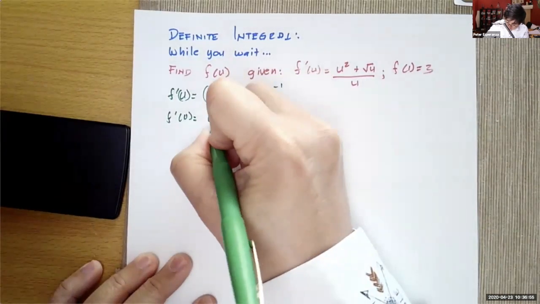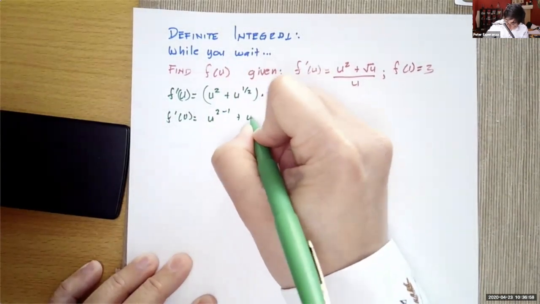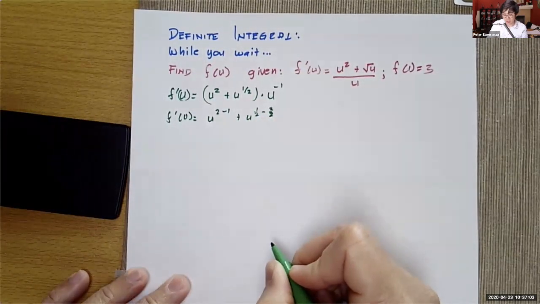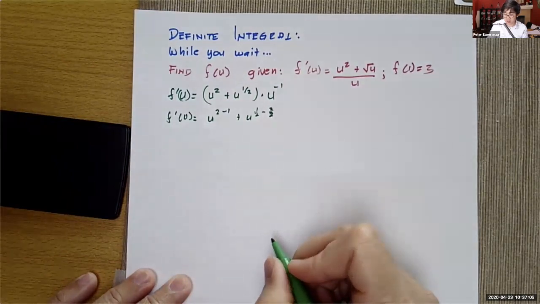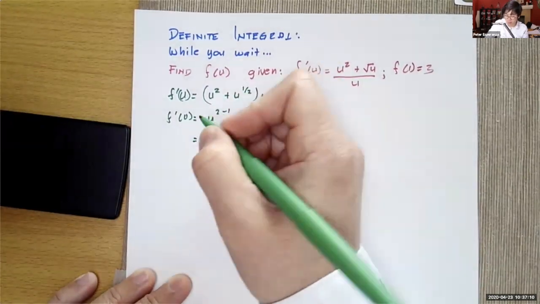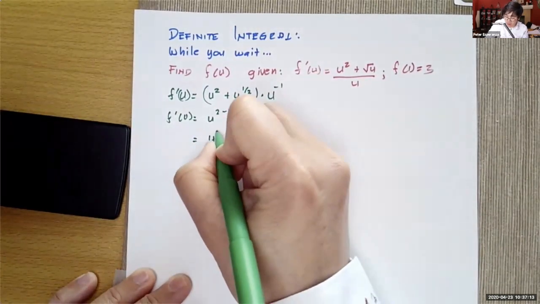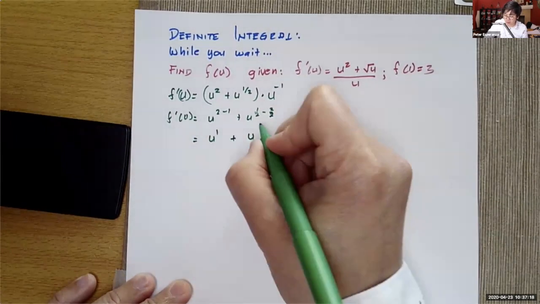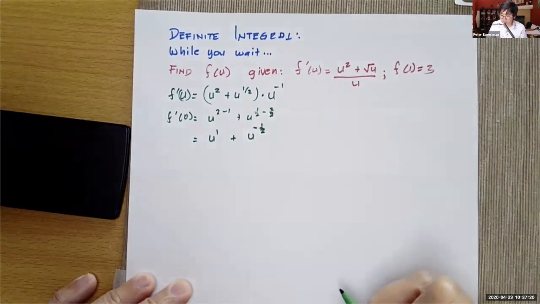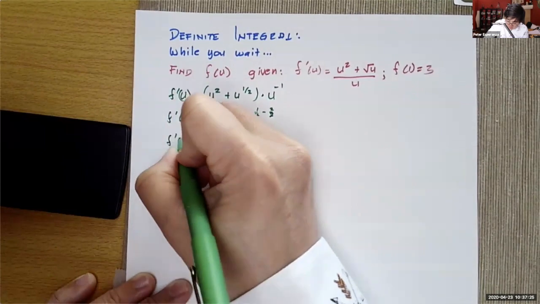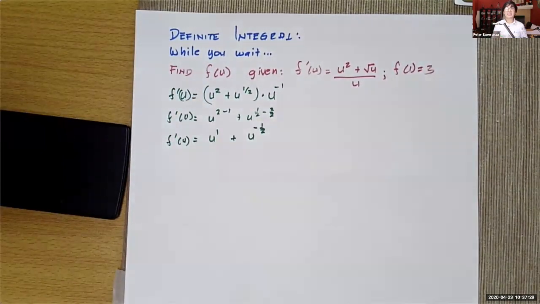So you'll have u to the 2 minus 1 plus u to the 1/2 minus 1, which is u to the 1 plus u to the -1/2. It's still algebra because we're just evaluating this. And this is now our f prime of u. So no calculus yet. It's still algebra because we're just using the law of exponents.